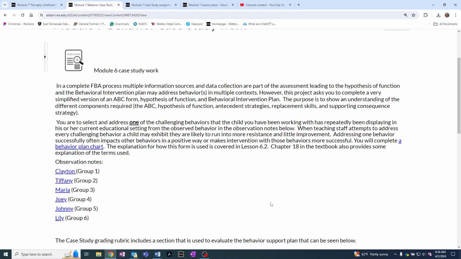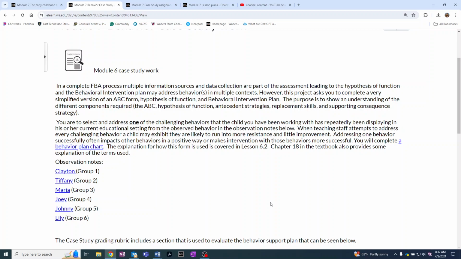It's just a lot. So, what you're going to be doing here is really a more simplified version, if you will, of what an ABC form is, which you have learned a little bit about, which stands for antecedent, behavior, and consequence. The hypothesis of function. So, what's the function of the behavior and the behavior intervention plan? So, this is all encompassing all of those things in a simplified version.